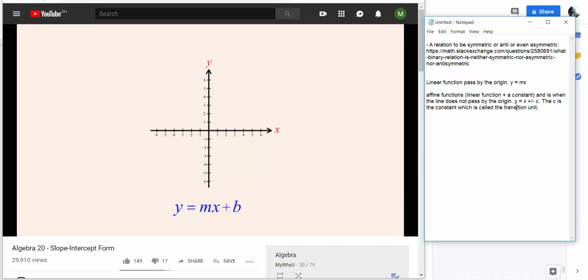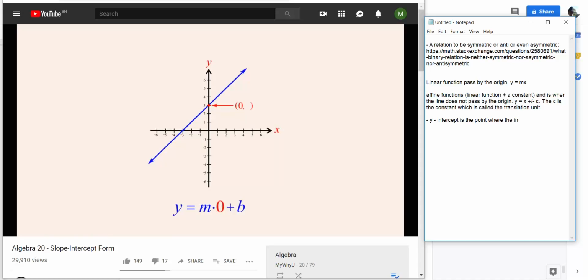The value of b determines the point at which the graph crosses the y-axis. This point is called the y-intercept. The y-intercept has coordinates 0, b. The first coordinate of the y-intercept is always 0, because every point on the y-axis has an x-coordinate of 0. Since we know that x is 0, we can find the y-coordinate by making the value of x 0 in the equation.